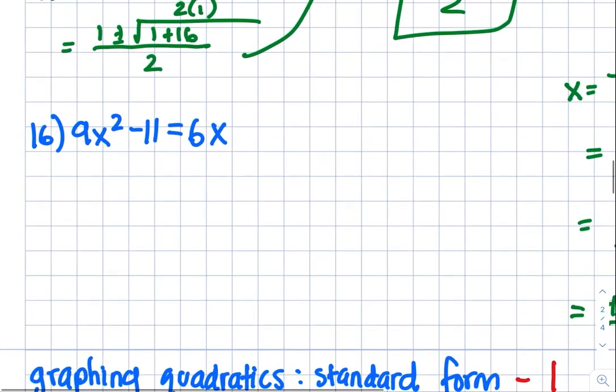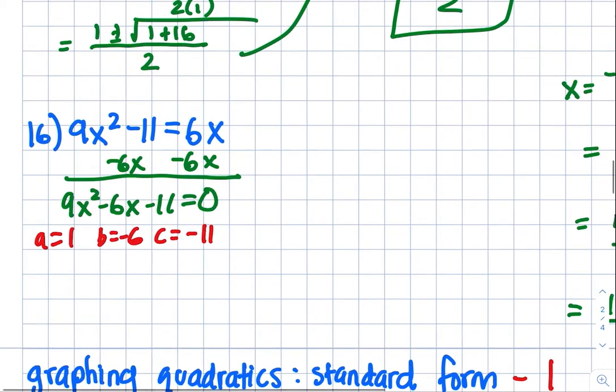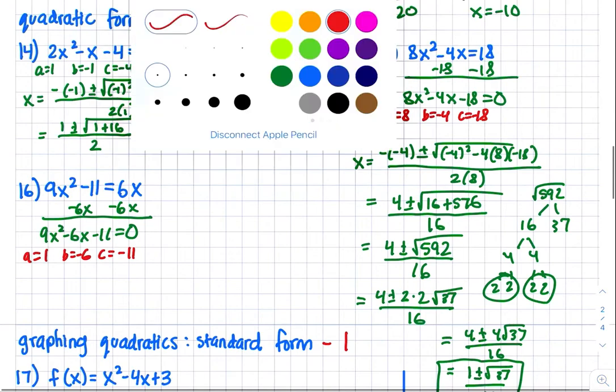Alright, this one, remember, set it equal to 0. So 9x squared minus 6x minus 11 equals 0. Okay, so your a is 1, b is negative 6, your c is negative 11. Now we could use the quadratic formula.